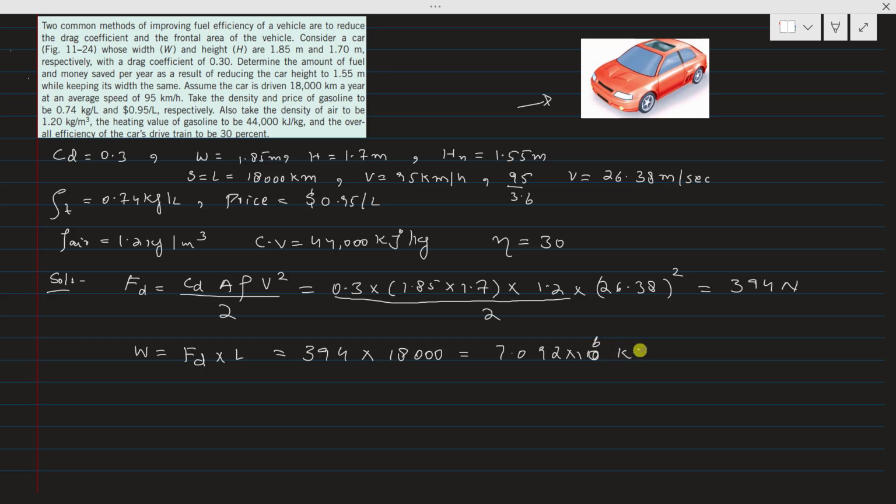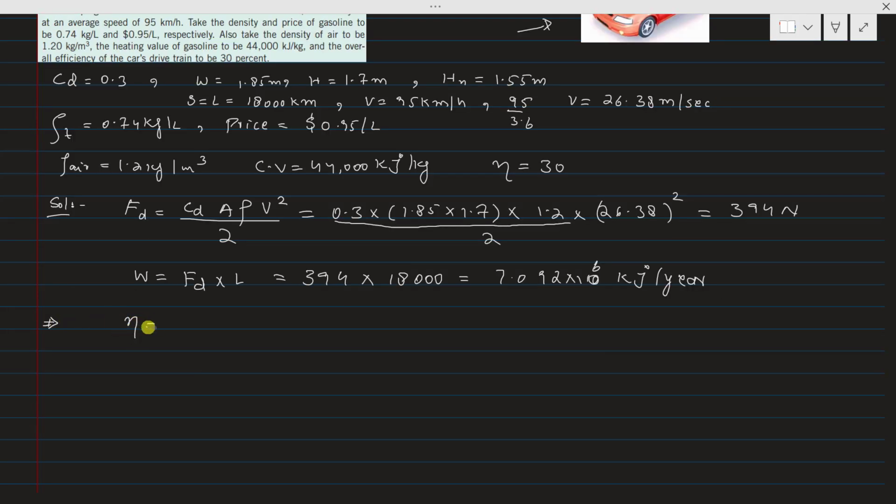6 kilojoule per year. Efficiency of the car is given and it is equal to work output divided by energy supplied. So the energy supplied is equal to work output divided by efficiency of the car.